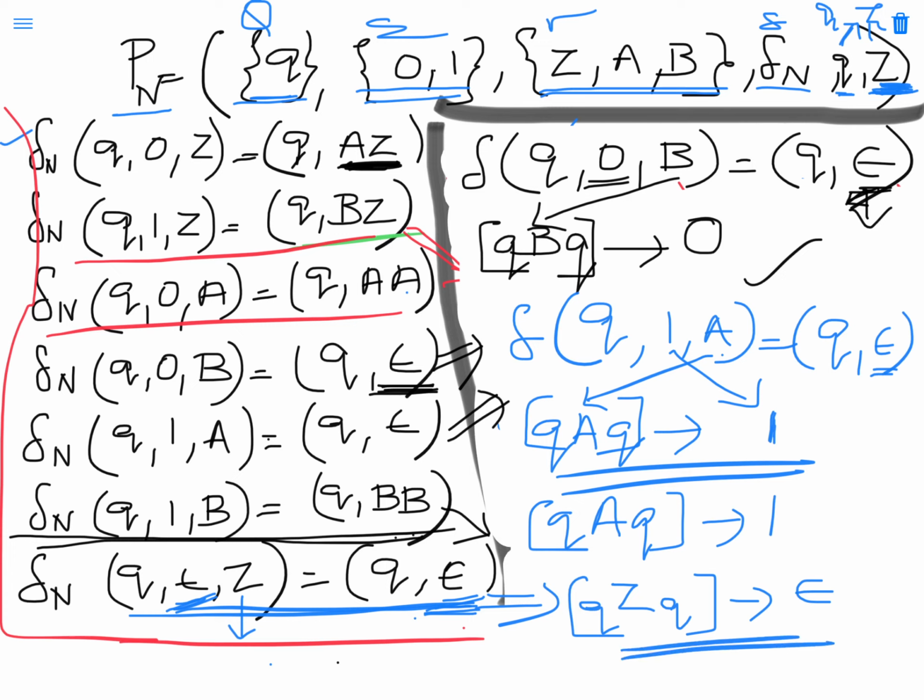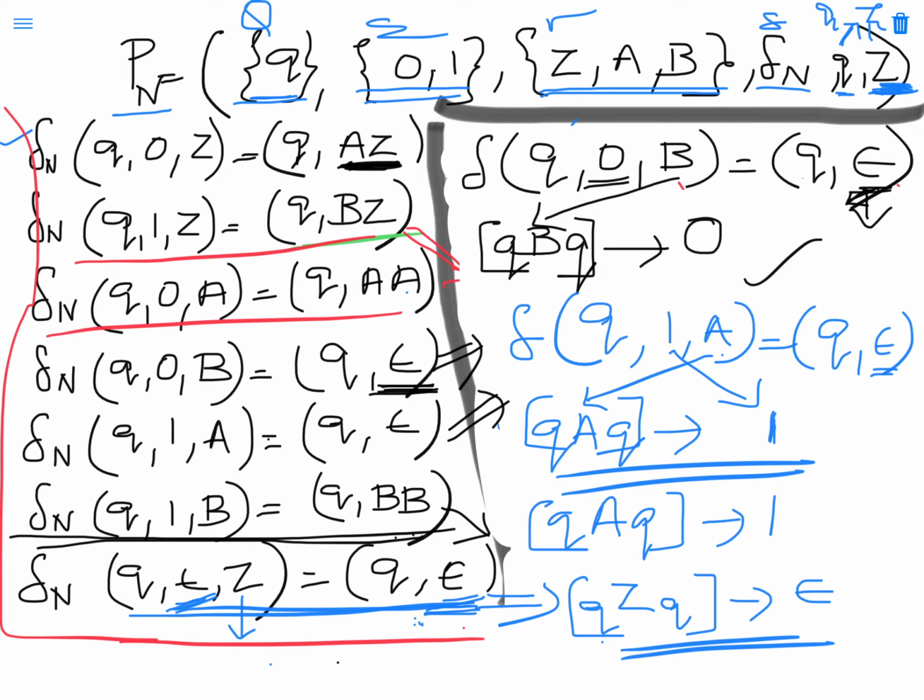So the production generated for this particular function will be [qZq] gives epsilon. Individually, you will be able to write the productions for the specific functions given in the PDA.